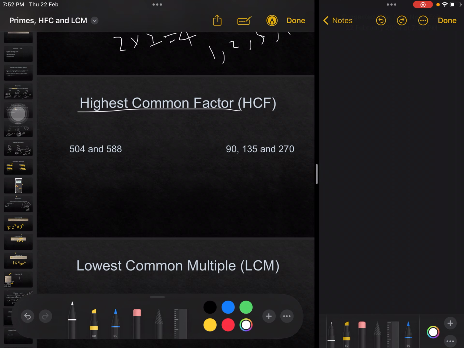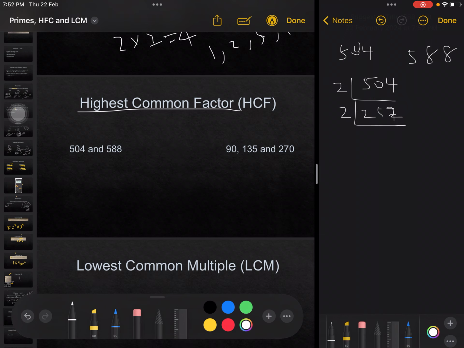So we have 504 and also 588. First we do prime factorization for 504. We divide 504 by 2, so we have 252.